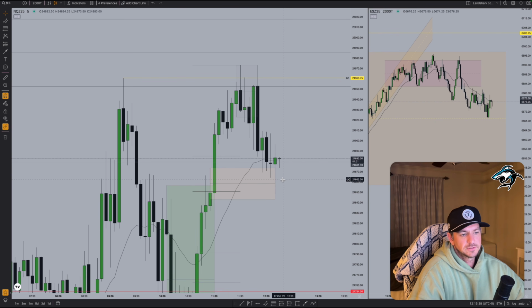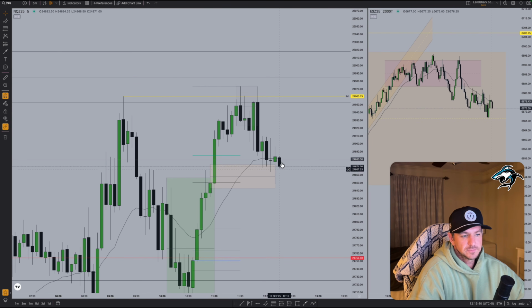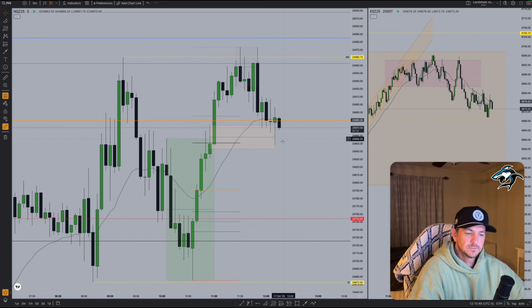Possibly a tap into this 5 minute area and then a push higher. That would get us back into the 930s, 940s, possibly 950s. If we break down from this area, it should be pretty quick. A lot of these longs will bail out of their position, I would believe.